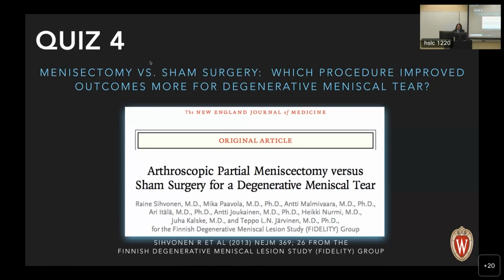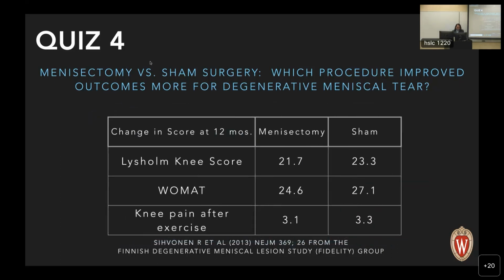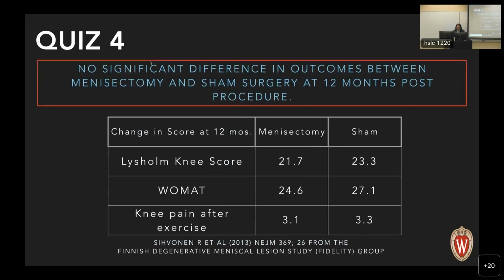I don't think you could ever get Americans to do that study. But they did in Finland, and as you probably guessed, at 12 months, there was no difference between sham surgery and meniscectomy. So again, for me, kind of growing up in the system, it's kind of scary that I'm doling out diagnoses that may or may not be helpful.